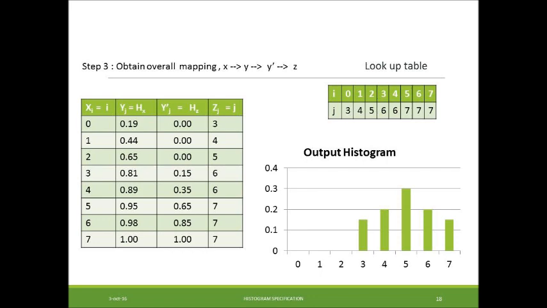Now let's see the second row. Here i equal to 1 and Hx value is 0.44. Now we have to find a value in Hz closer to 0.44.